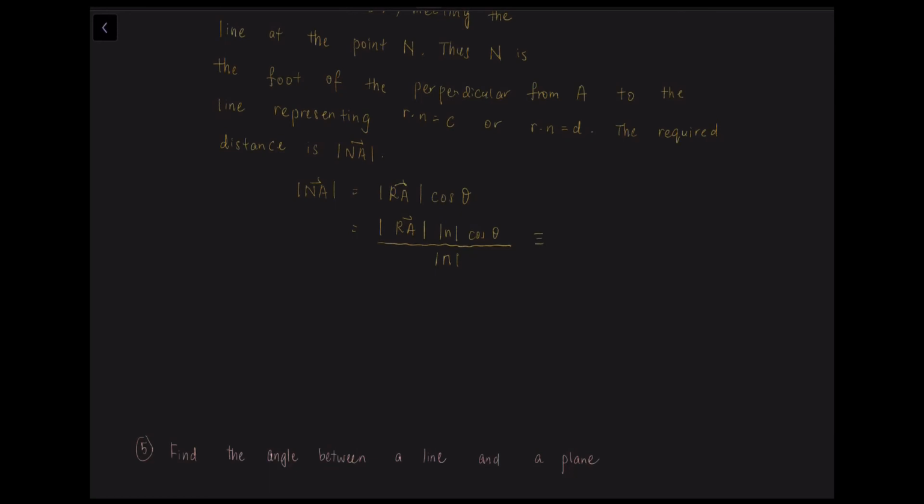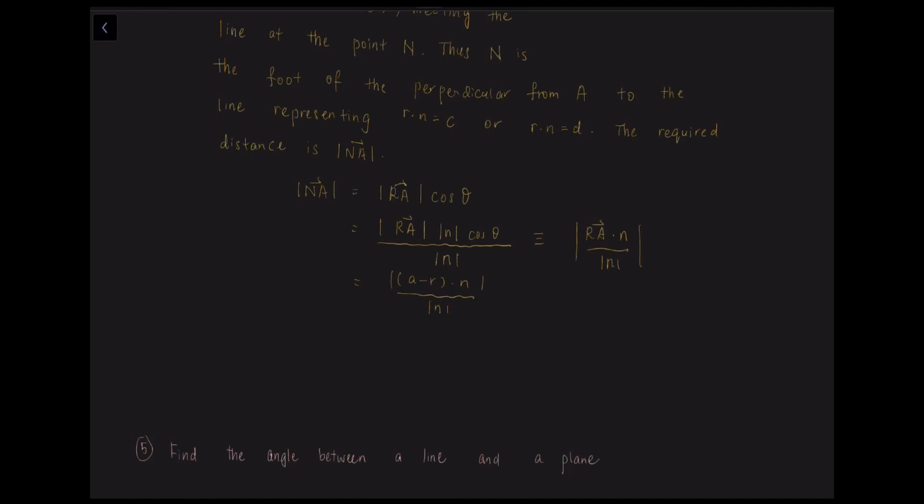Next, we multiply by the modulus of n and divide by the modulus of n so that we can use the cos identity that we have learned just now. So the modulus of RA times the modulus of n cos theta is equivalent to RA dot n.